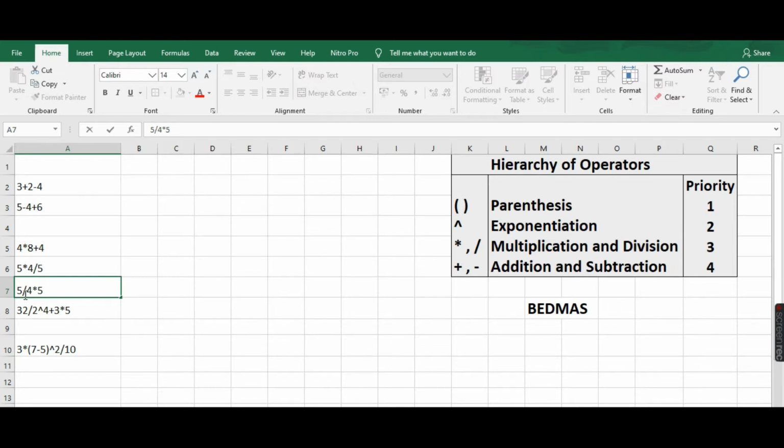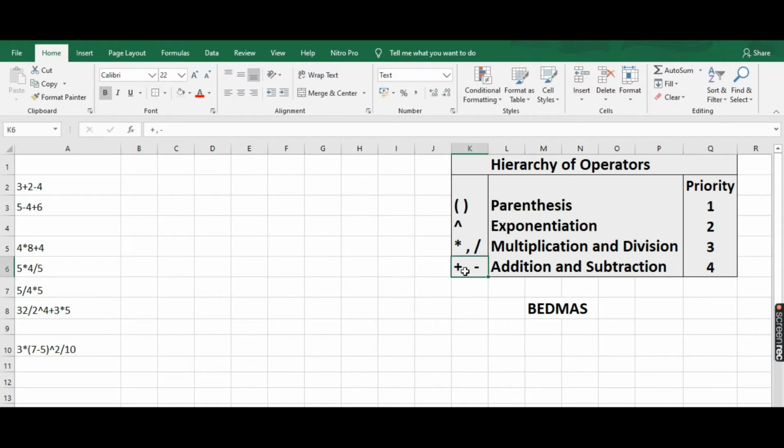In this case we have the division operation at the left. Since MS Excel evaluates the operators from left to right, the division operation is performed first, followed by the multiplication operation.